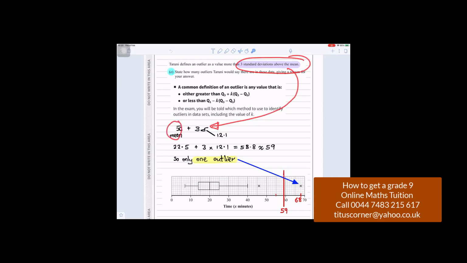So we have the mean plus 3 times the standard deviation. So the mean is 22.5 plus 3 times the standard deviation 12.1. That gives you 58.8, which is approximately 59. So numbers which are above 59. And there's only one number above 59. So there's only one outlier.